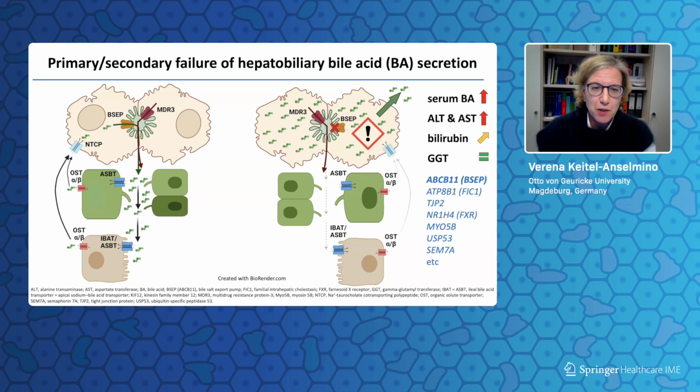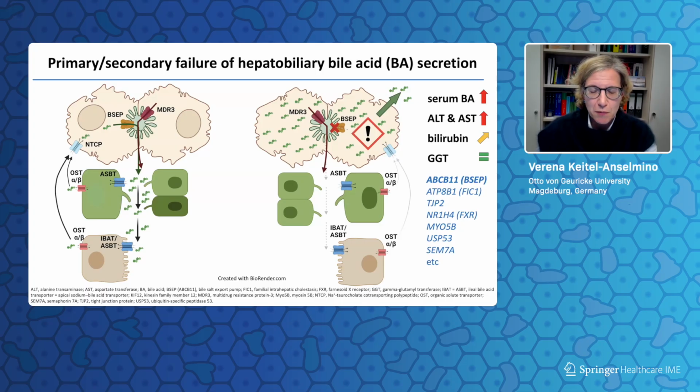And if you think about genetic cholestasis, the prototype of these cholestasis subtypes, which we call primary failure to secrete bile acids into bile, is the ABCB11 or BSEP disease. But the majority of the other genes that we identified as cholestasis related actually do impair BSEP function and therefore lead to a very similar hepatitis-like presentation of cholestasis.